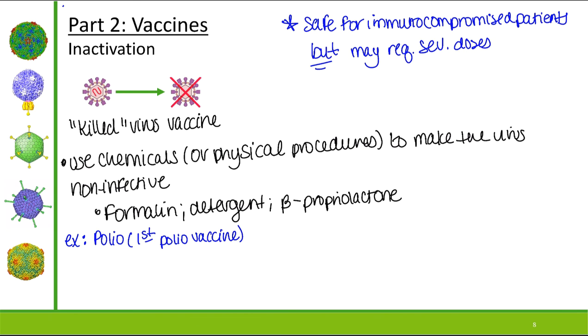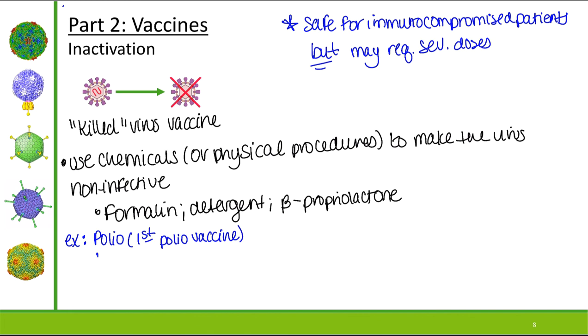And so what ended up happening was over 200 kids actually developed polio due to the vaccine. And the reason for that, when they looked back to see what had happened, it was completely an accident. But the virus was not actually completely inactivated. So, of course, that is definitely a con to these inactivated vaccines.